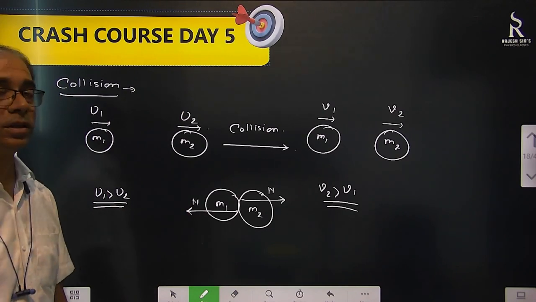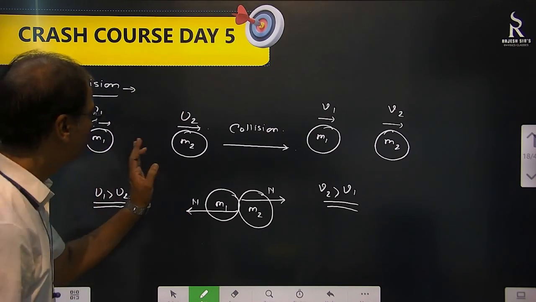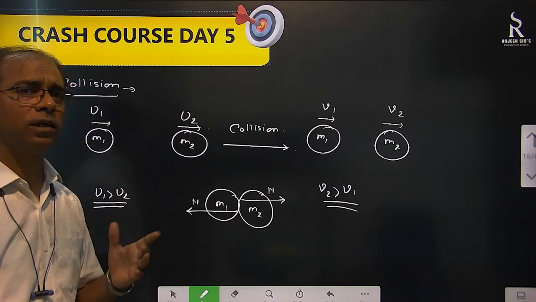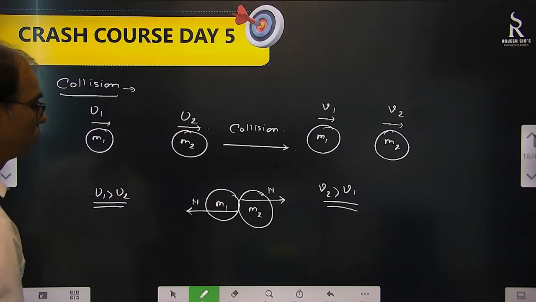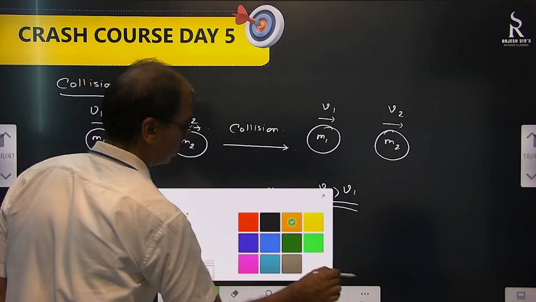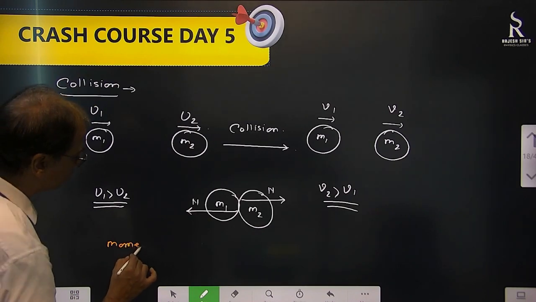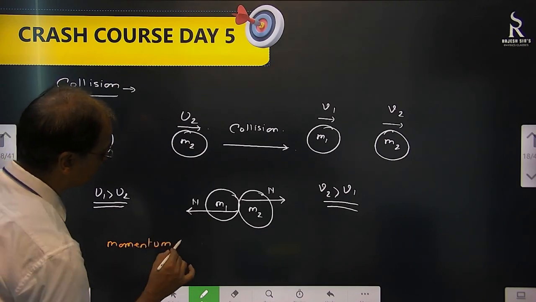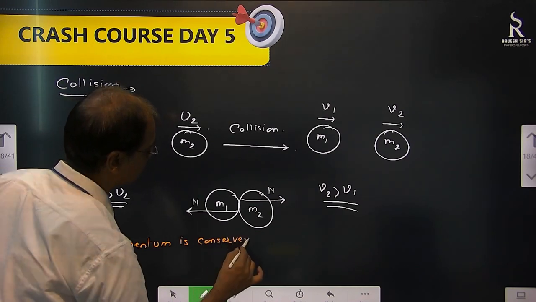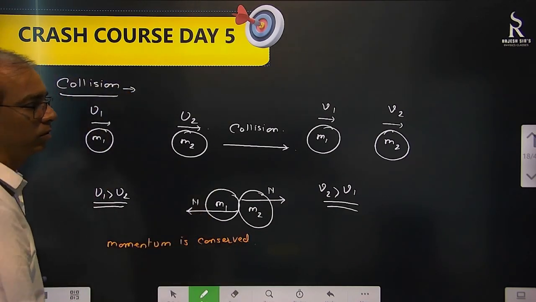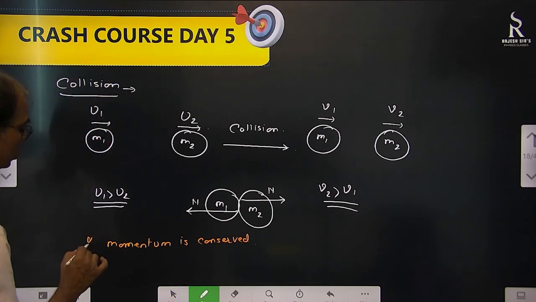This is what happens in collision. But in this process also, if I am talking about these two particles alone, is any external force there? No. So here also momentum is conserved. Momentum is conserved in collision, in all types of collisions, because I didn't talk about what type of collision it is here. In all types of collision, momentum is conserved.